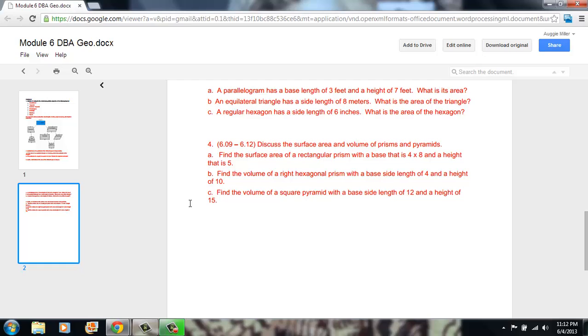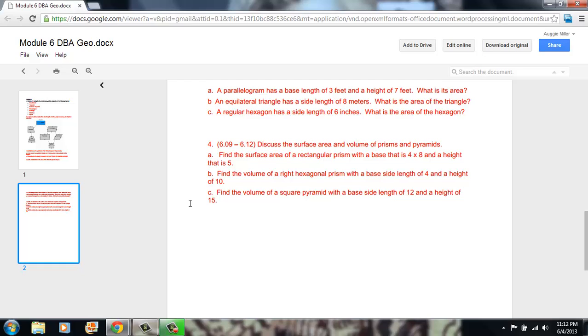And the square root of 12 is 3.5 about. So 4 times 3.5 is 14, divided by 2 is 7. So multiply 7 by 6 to find the area of the hexagon, which is 42. So then 42 times 10 to find the volume is 420.